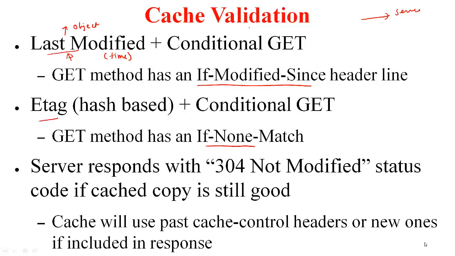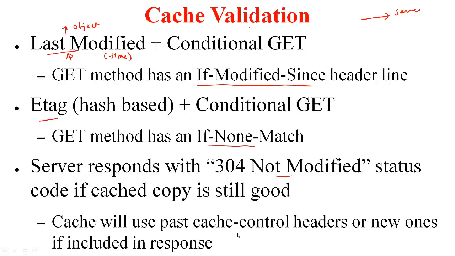Basically, you're storing a hash and contacting the server asking, has the hash changed? If the content has not changed, the hashes will match and thereby it will reply back with a 304 not modified status code.